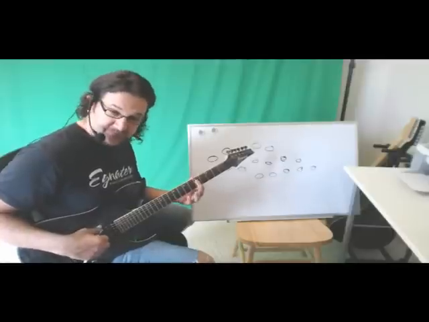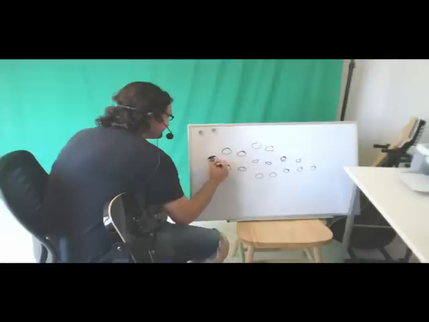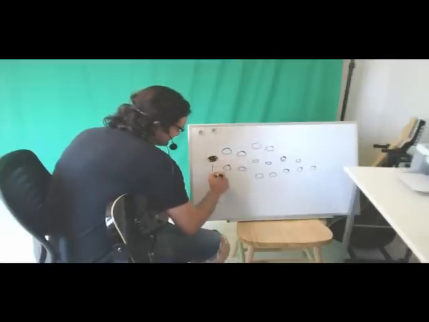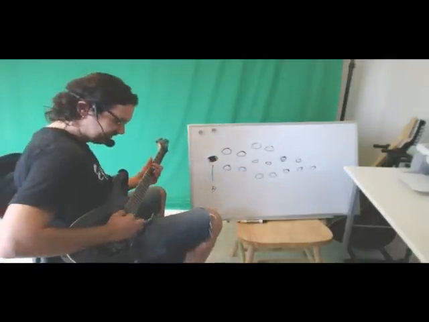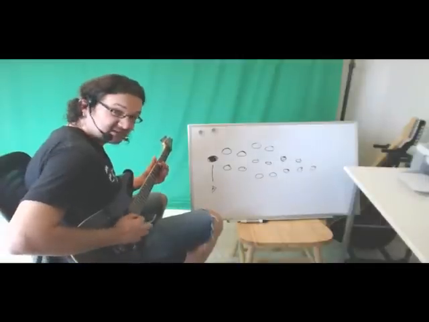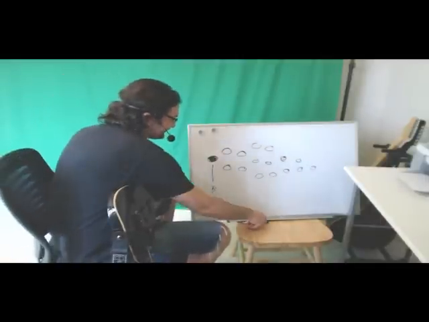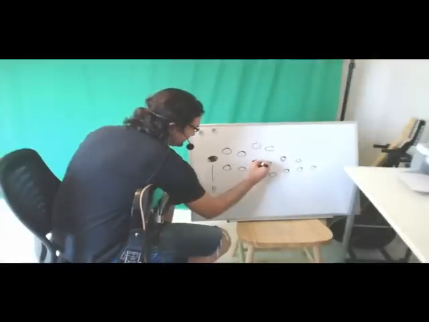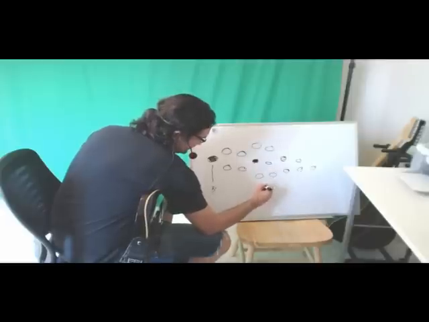What do we have here? This would be considered our root. What is that? That's a 4th. So the 4th is taken. It's a perfect 4th.